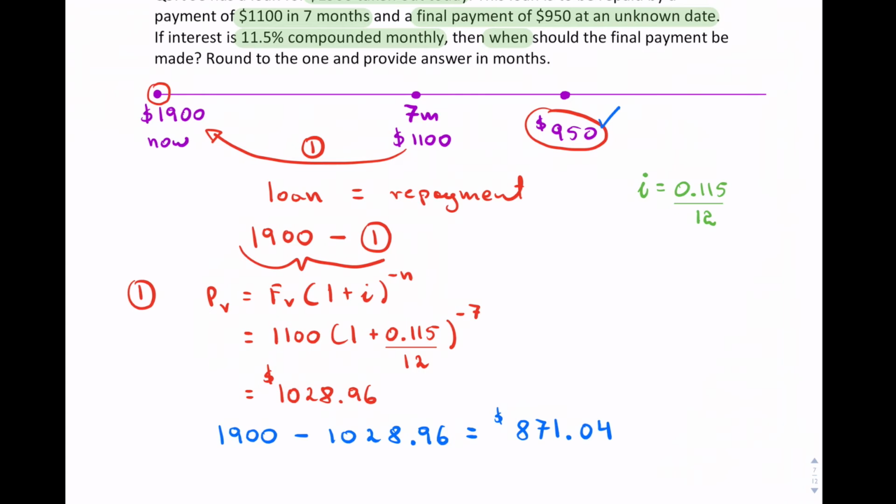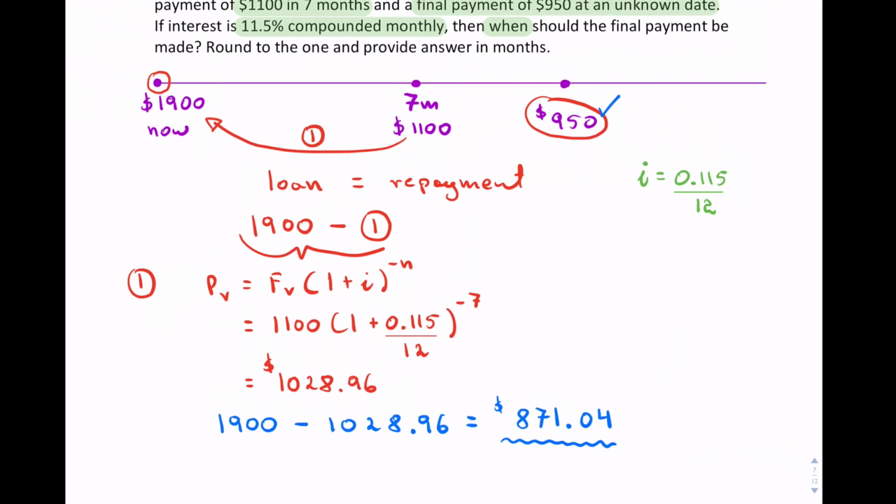We don't know when that 950 is. What we do know is that the equivalent value of the 950 right now is 871.04. These two have to be equal. If we brought the 950 back to now, or moved the 871.04 to the point when it's equal to 950, they should be equal.